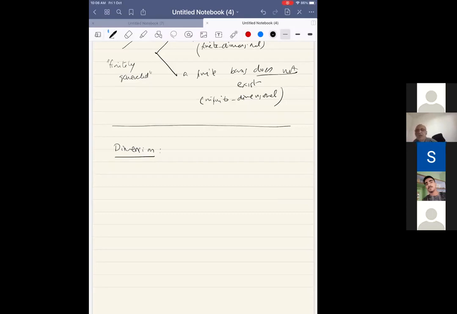Okay, so now we will consider finite dimensional vector spaces. Those are, by definition for us, those for which a finite basis exists.